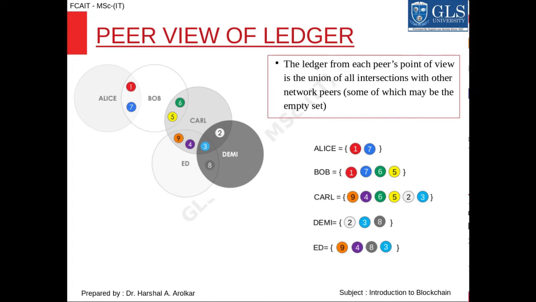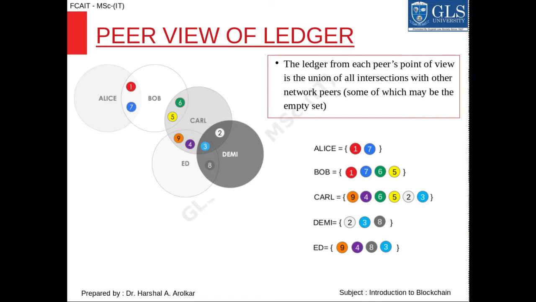Now, what are these numbers 1, 7, 6, 5 and so on? Basically, they represent the transactions that have been done between two entities. So, for example, the red one that you are able to see indicates that Alice and Bob have done a transaction. Similarly, number 7 also indicates the same thing, that Alice and Bob have done a transaction.